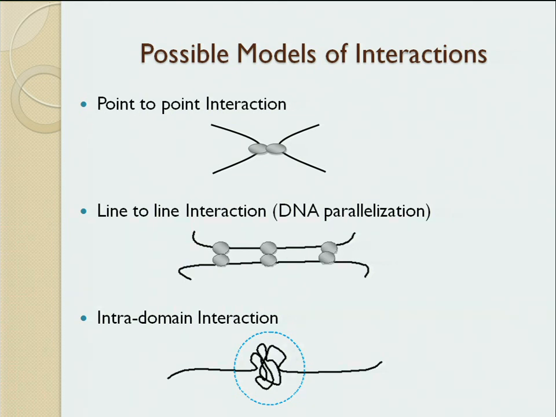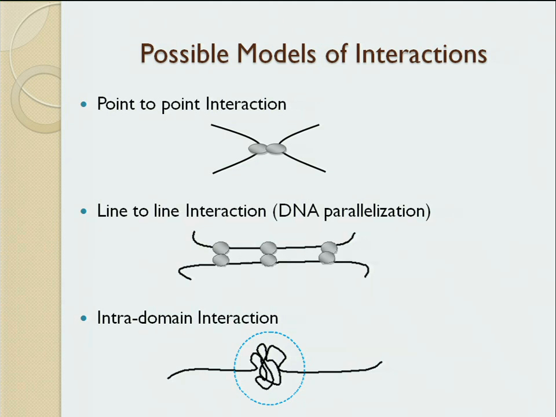The last model is integration, which means we have a domain. It's just like a room. In this room, the DNAs are interacting with each other freely, but inside this room they do not interact with the DNA outside. So this is another model.